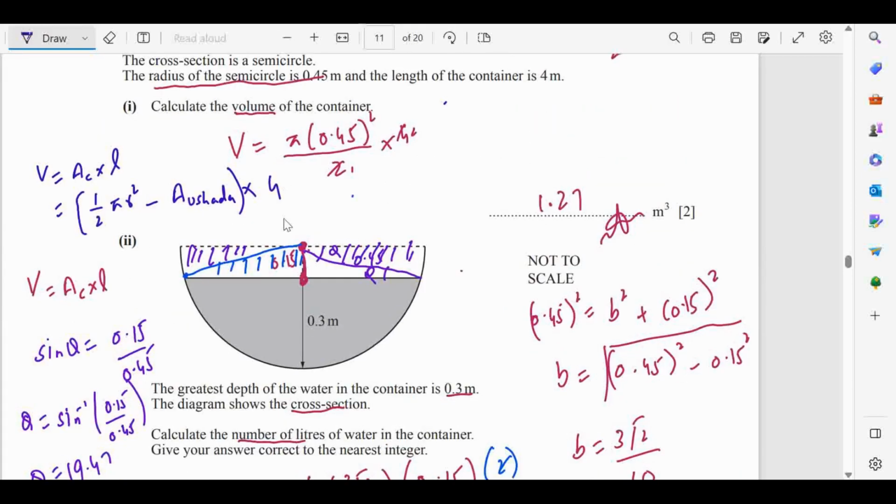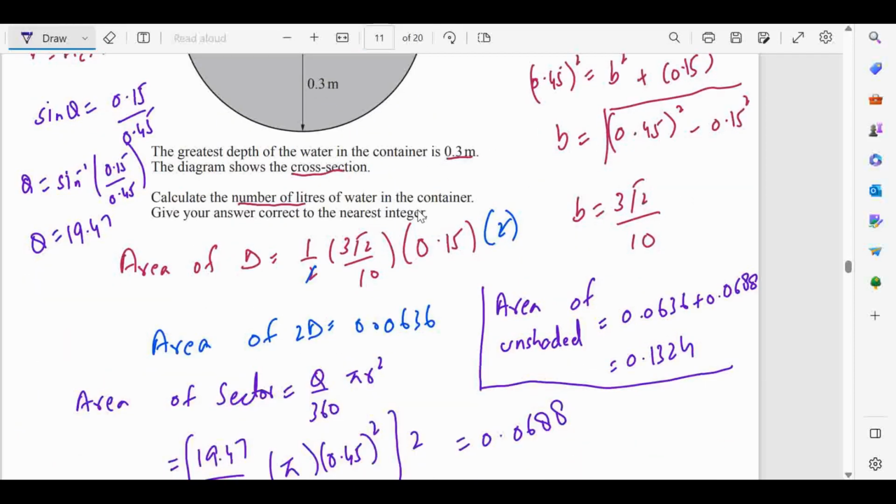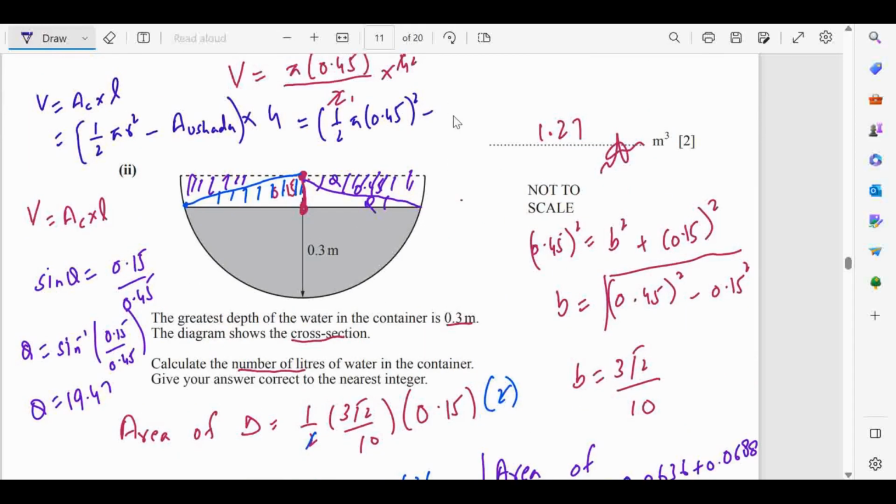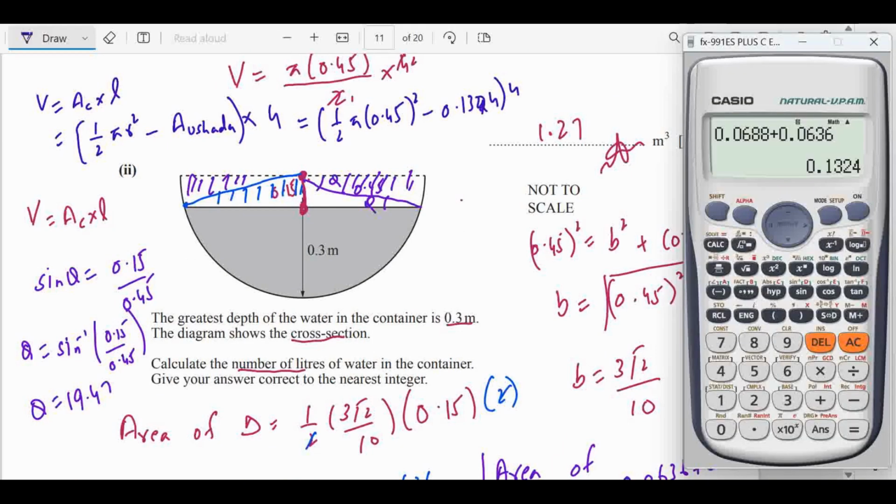So using the formula directly, 1 by 2 into pi r squared, where 0.45 is the radius, minus the area of the unshaded region, 0.1324, the whole into 4. So let's calculate it.